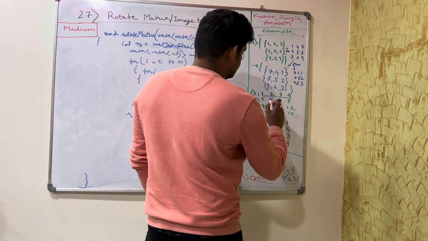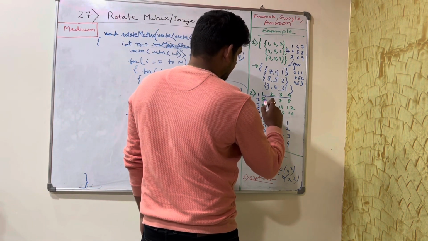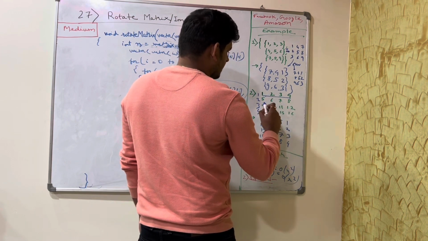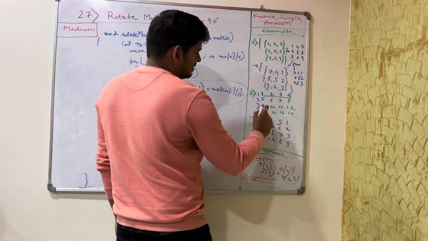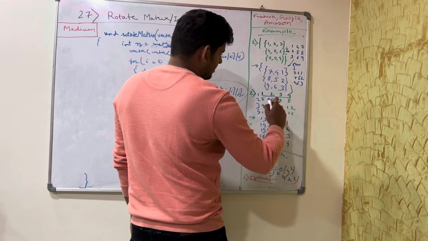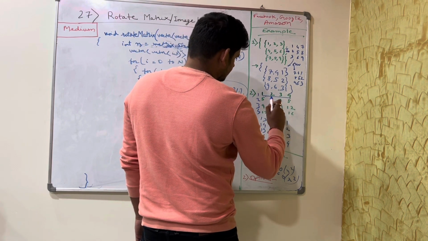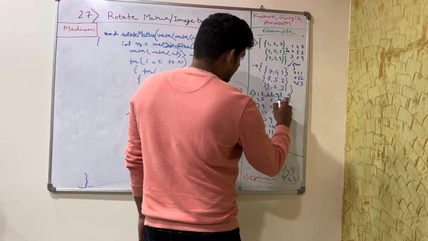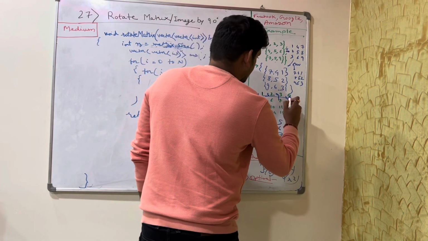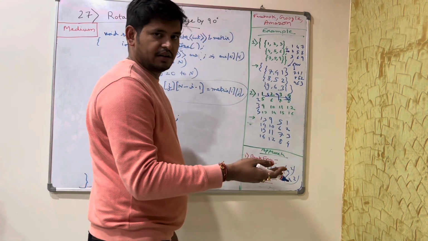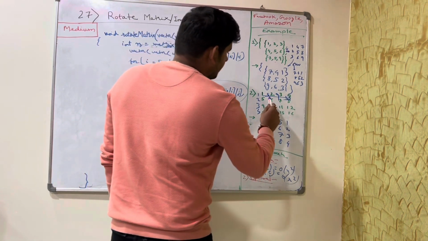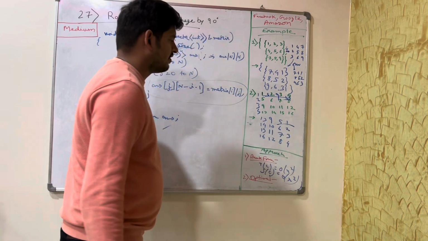Similarly, let's do it for one column. 1, 5, 9, 13 is the column. If you make the column a row, it becomes 1, 5, 9, 13. Now we reverse this 1, 5, 9, 13, and then this becomes 13, 9, 5, 1.